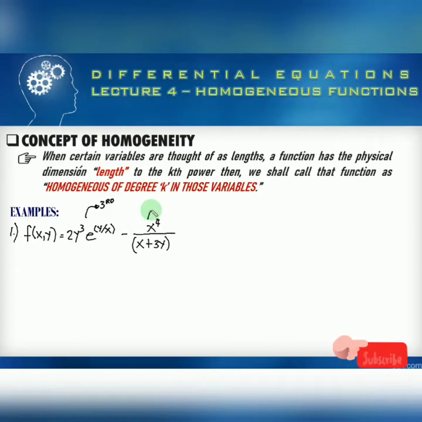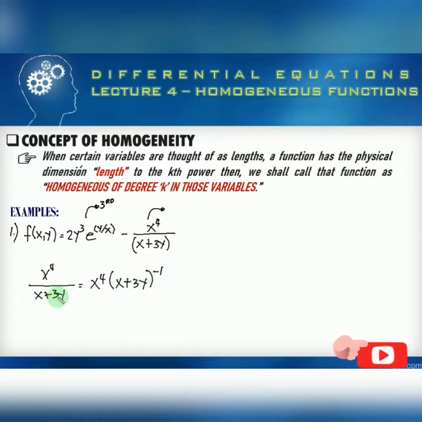How about this second term? Actually, x to the fourth over x plus 3y is simply equal to x to the fourth times x plus 3y raised to the negative 1.